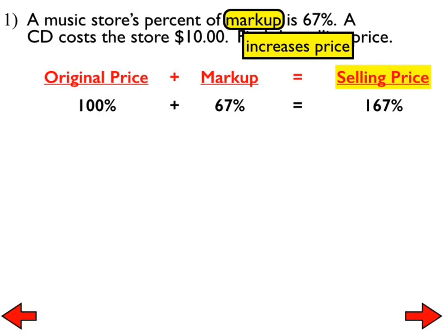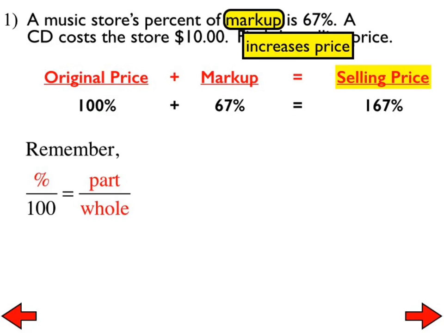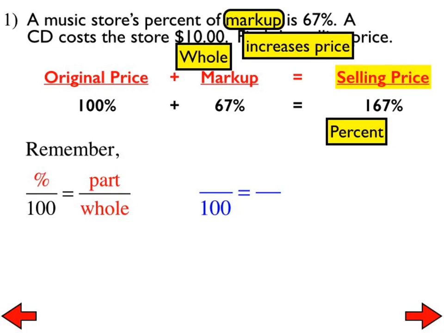If we're marking it up 67%, that means we're actually paying 167% of what it originally was. So when we're using this idea of a percent over 100 equals the part over the whole, that is the percent that we're going to use because we are marking it up 67%. The $10 for the CD cost, that is the whole. So here would be our proportion that we would use to solve that. Go ahead and write that down.